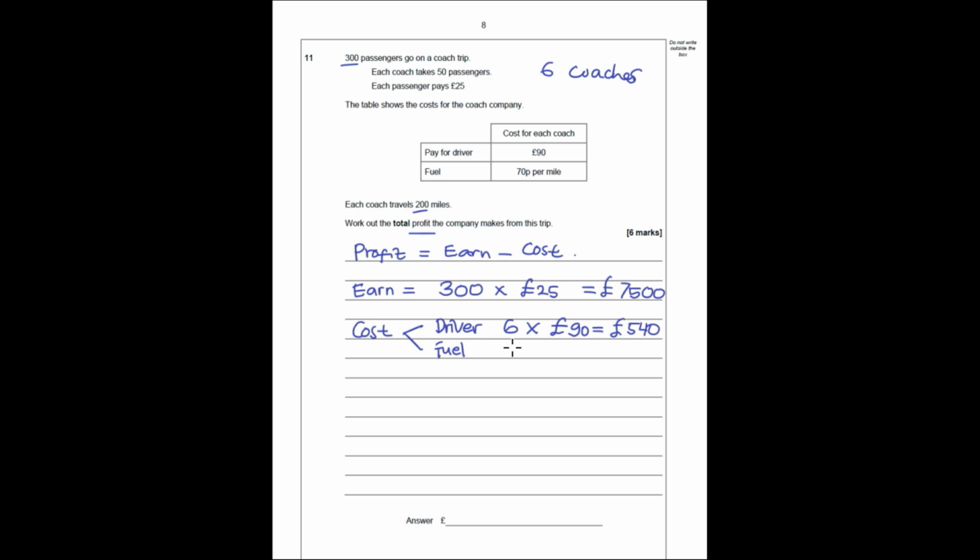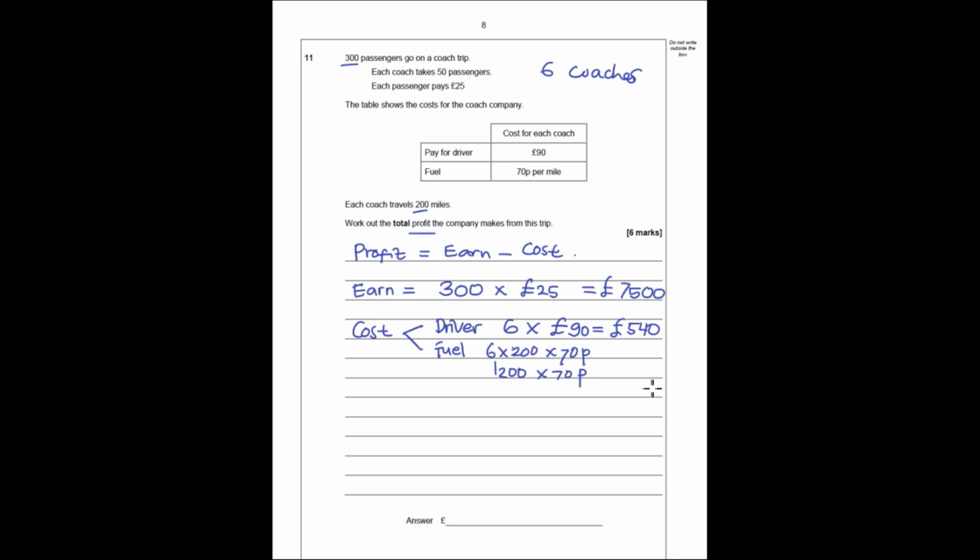And then for the fuel, it costs 70p per mile, but they have to travel 200 miles, so that means you have to times them. 200 miles times 70p per mile, but then it's only for one coach. Since we have 6, we have to times it with 6 as well. So 6 times 200, it is 1200, and you times it with 70p, so you get 12 times 7. What is it? 12 times 7.